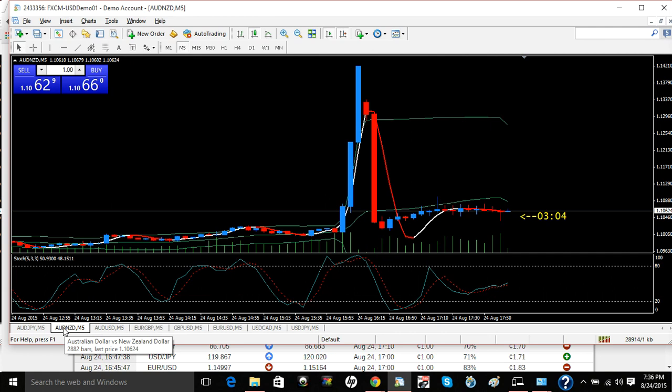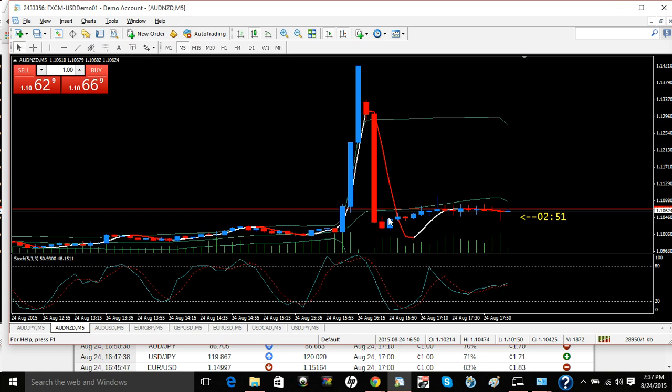Let's go to Australian New Zealand dollar. This is very, very bad right now. There was a price breakout and then a serious drop in price about an hour ago, but in the last hour the market has not really done much of anything.